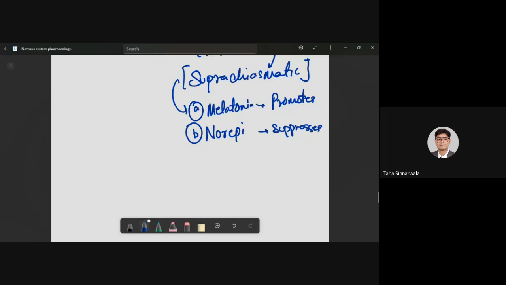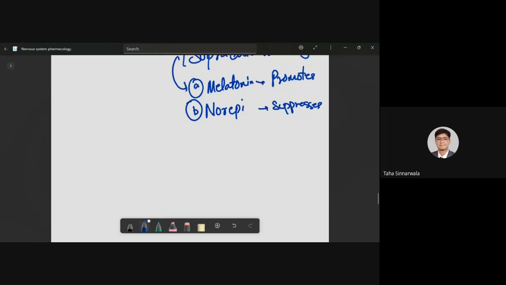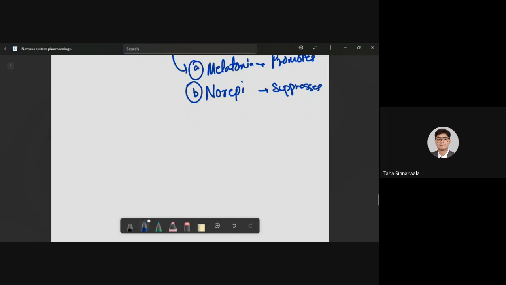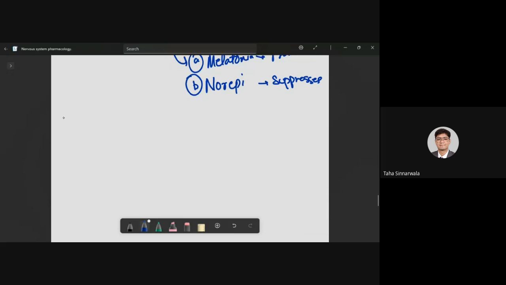Now, there were a lot of people who also said orexin. Orexin, or hypocretin, is another molecule which is involved in sleep. And what we want to do is inhibit orexin. If we inhibit orexin, then patients can sleep better. So let me write this down.